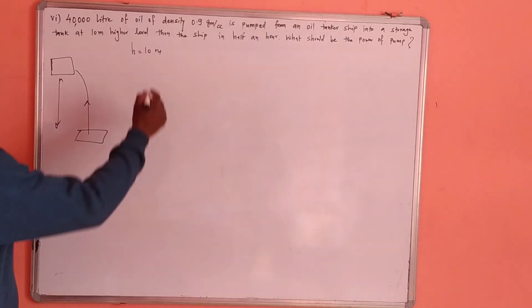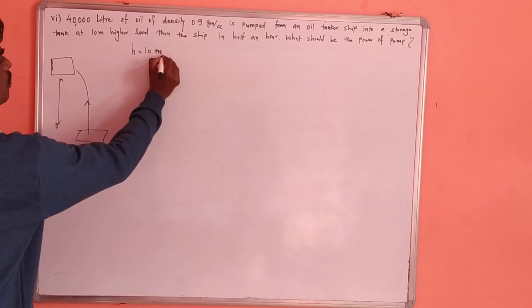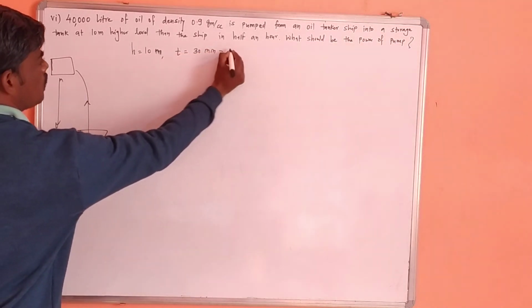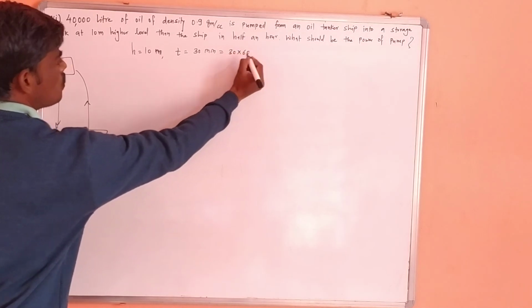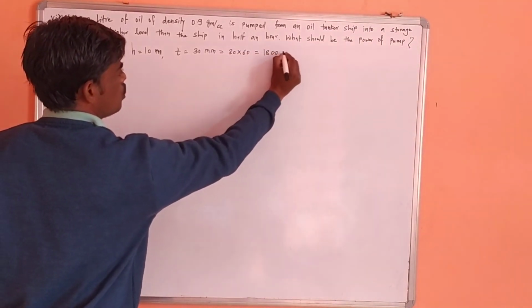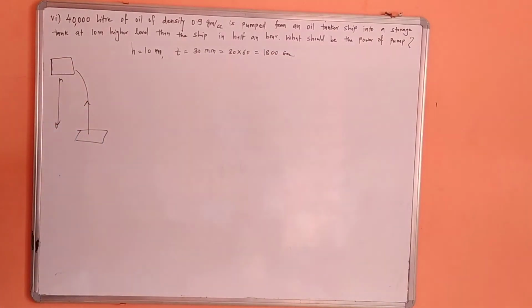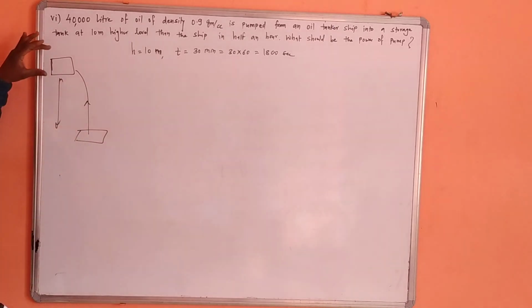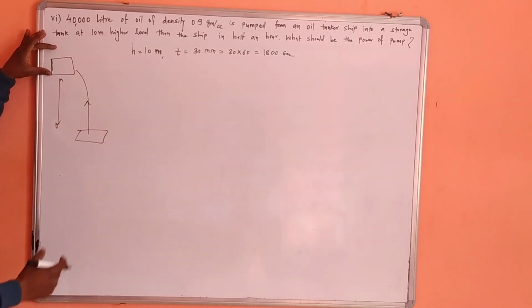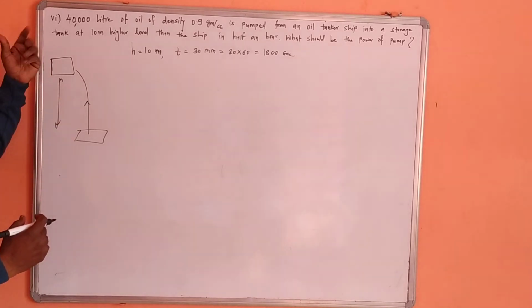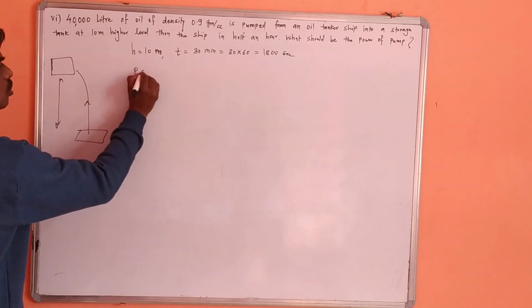In half an hour, time interval is given to you. Time interval half hour means 30 minutes. It becomes 30 into 60 second, so 1800 second. What should be the power of pump? No doubt this oil is lifted to this storage tank by means of a pump, and we have to find out the power of pump. So P is to be found out.